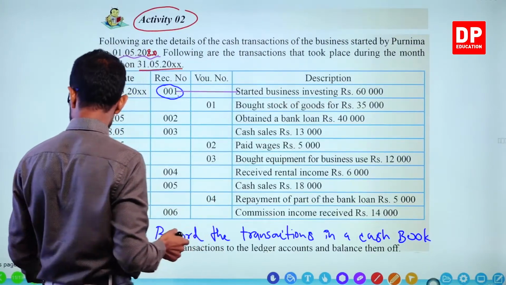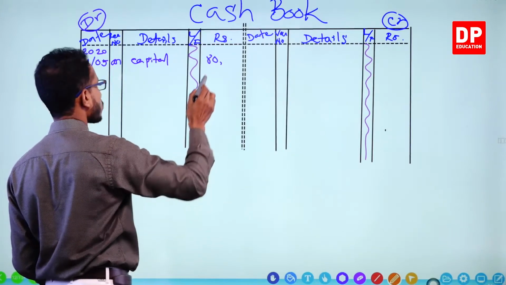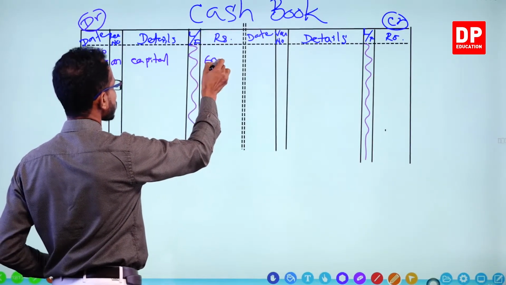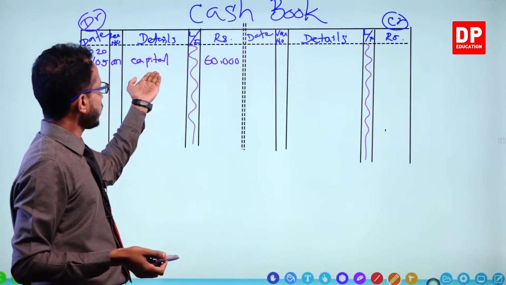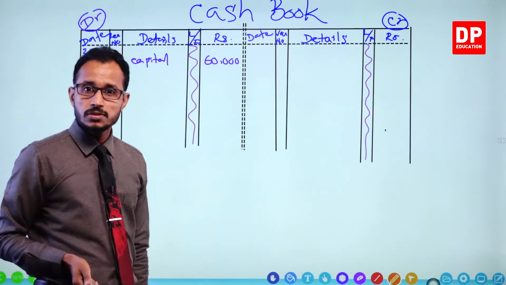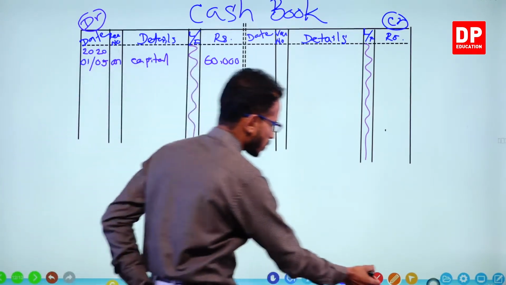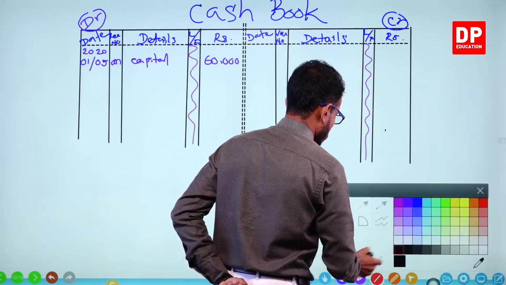I'm sorry, 60,000, not 80,000. Okay. How did you decide the detail or the description is capital? Because that is the other account, the capital account.